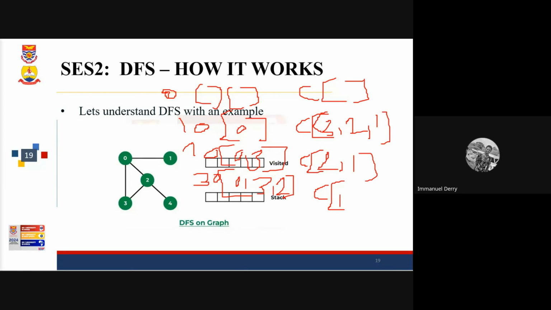Exactly, so it will be 4 and then 1, not 1 and 4. We are trying to visit depth-wise here. So when we get to 2, we have to visit all the vertices connected to it before we move on to any other vertex. So it's supposed to be 4, 1. And this is the idea behind the stack data structure.